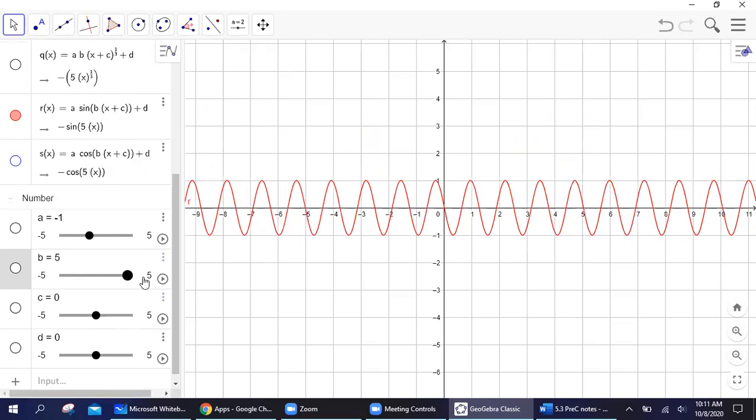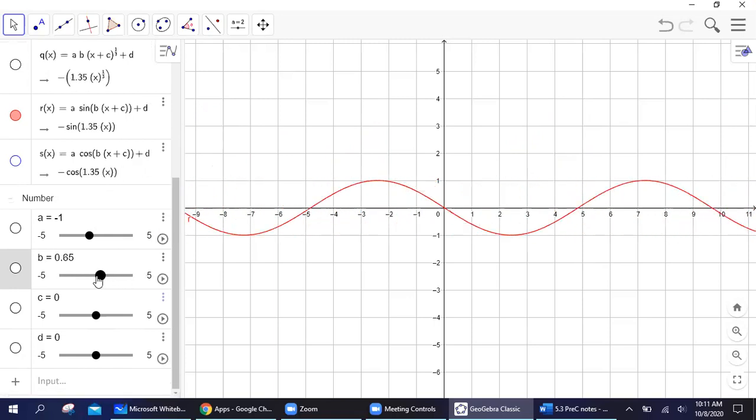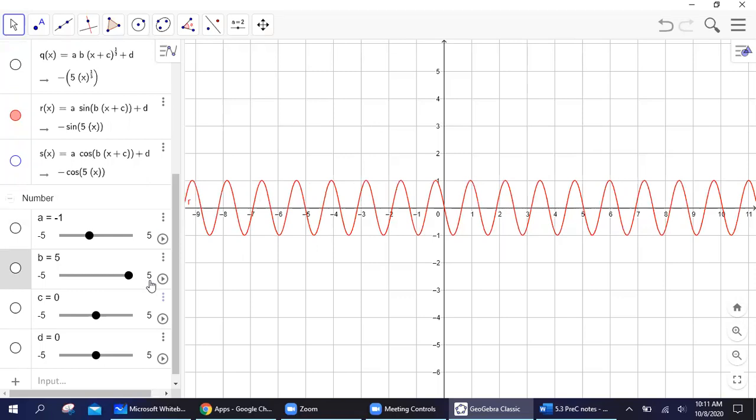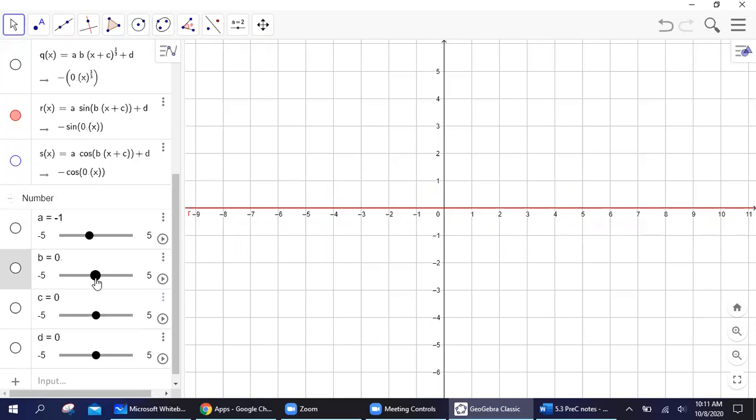Actually, I think mine only goes to 5. Right. Mine only goes to 5, but you can see that what this is doing is kind of slinky smashing it together. It's finishing its cycle much faster. And you can see that it is reflected. It's going down first.